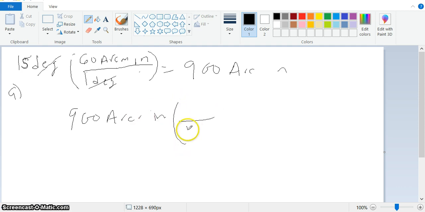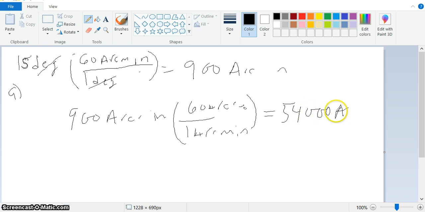I know that in 1 arc minute, there are 60 arc seconds. It's good to do this yourself and make sure that you do. So it turns out that it is 54,000 arc seconds.